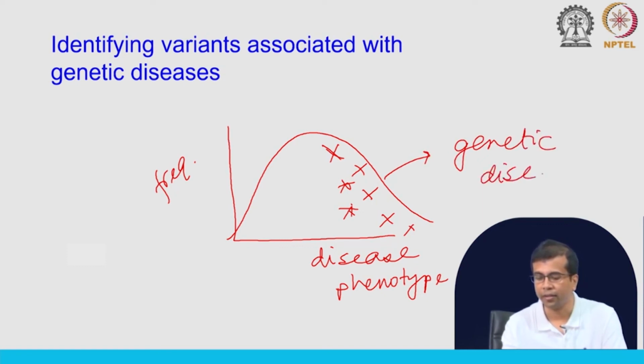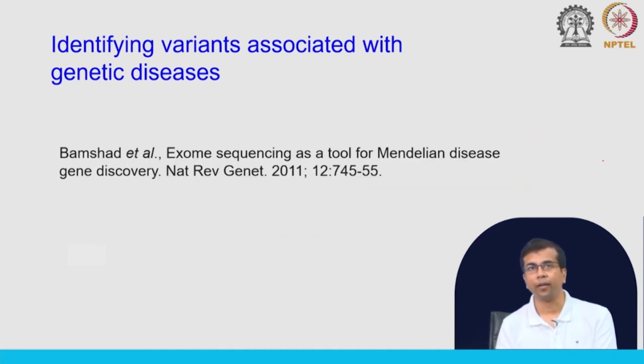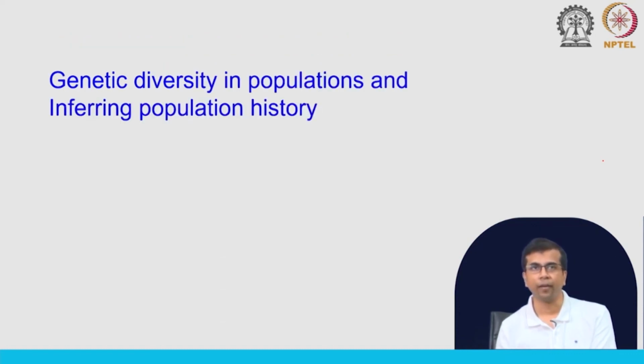So, studying these germline variants can help us also study these genetic diseases. Here is again some reference for your better understanding. You can go and read about disease gene discovery, the association of mutations in certain genes with certain genetic diseases.